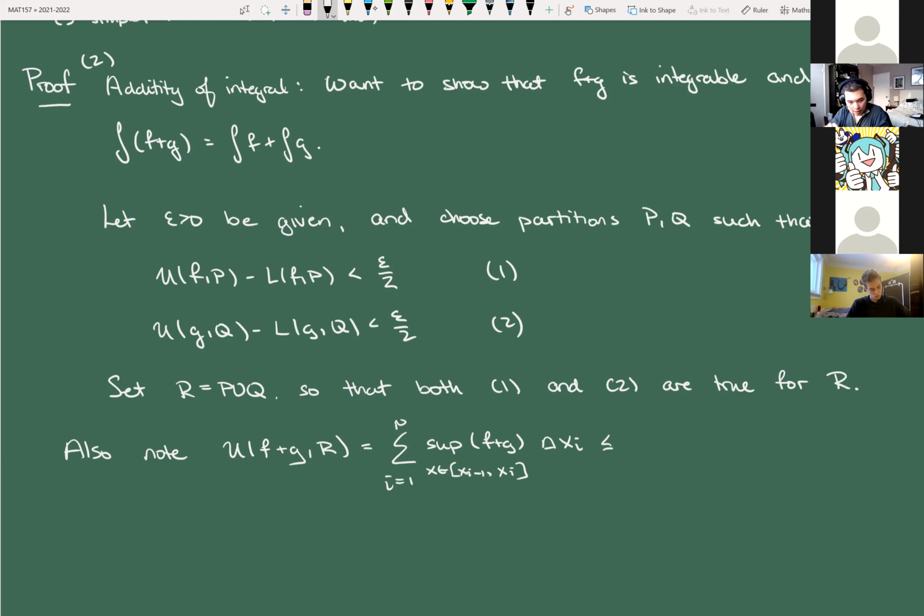Now, remember, we can't split the sup up really nicely. It's not that the sup of F plus G is the sup of F plus the sup of G. That's not true. But we get a less than or equal to sign. And that's okay. We are happy and we will take the less than or equal to. And if you'll let me skip a step, I'll also distribute the sum, because hopefully you see what I'm going for here. I want to write it as the upper sum over F and the upper sum over G. Nope, that's got to be G.